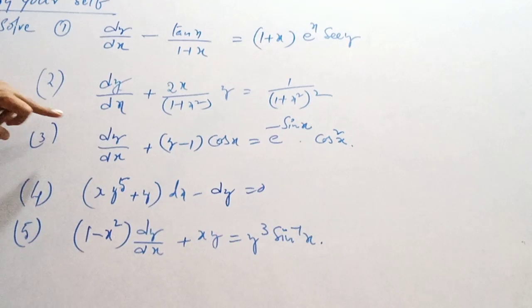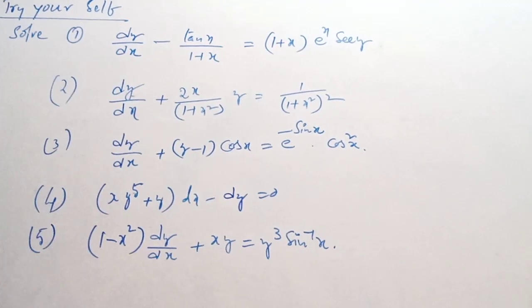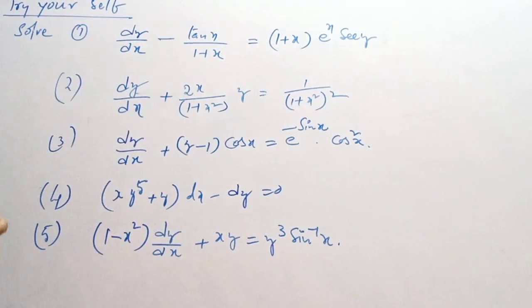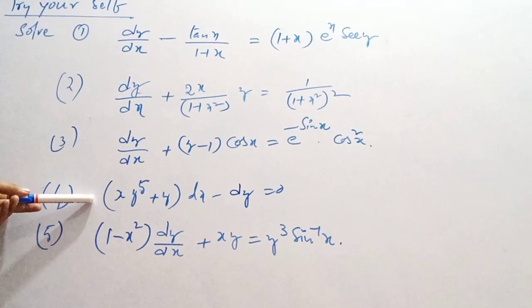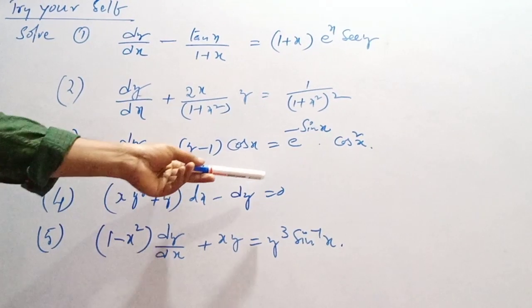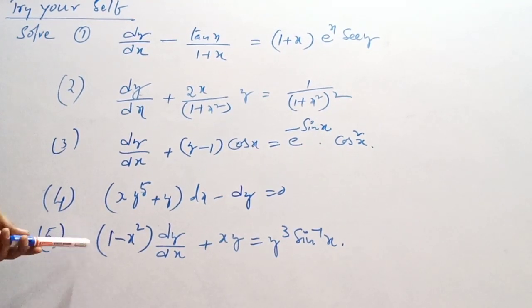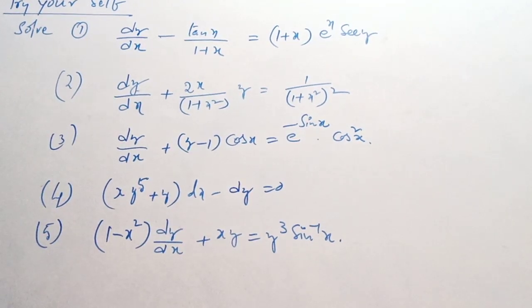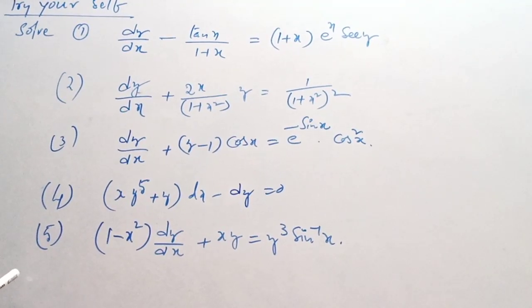Number 3: dy by dx plus y minus 1 into cos x equals e to the power of minus sin x into cos square x. Number 4: x y to the power of 5 plus y dx minus dy equals 0. Number 5: 1 minus x square dy by dx plus xy equals y cube sin inverse x. Okay, solve about 5 problems at your home.